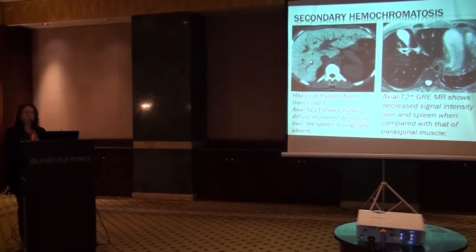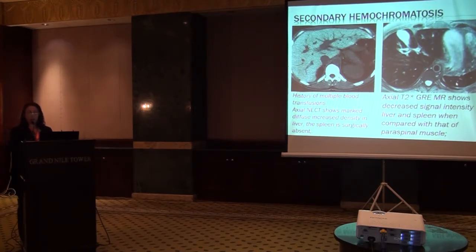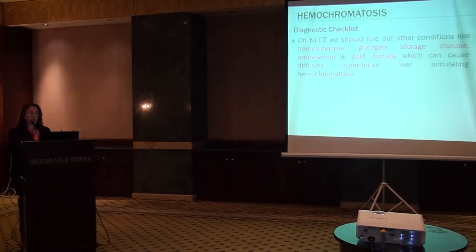In the liver, the spleen was surgically removed, and here is an axial T2 gradient MR, which shows very low signal intensity in the liver and the spleen as compared with that of the paraspinal muscles, which confirms the secondary hemochromatosis.